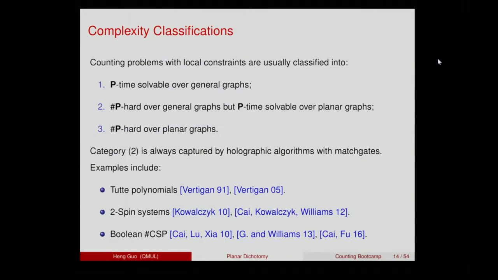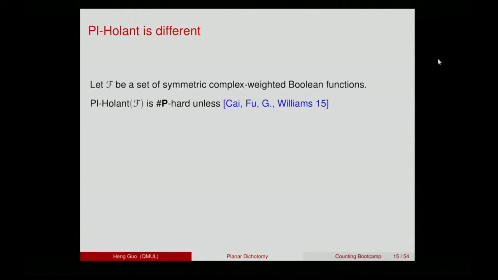And as we observed, the second category is usually always captured by holographic algorithms with the match gates. Here are some examples, such as Tutte polynomials and two-spin systems and Boolean counting CSP. All of these are in exactness again. However, last year we discovered that for planar #CSP, it's not quite the same.